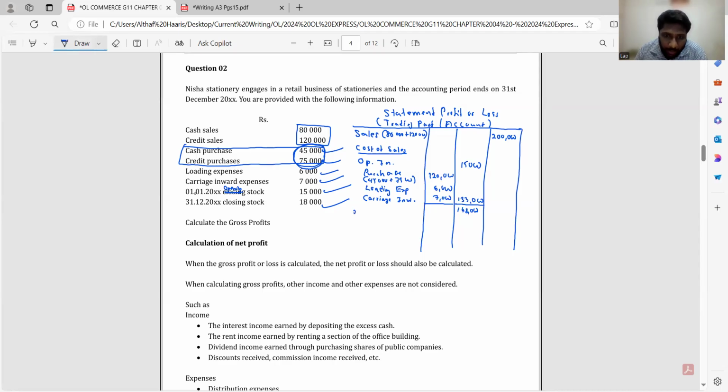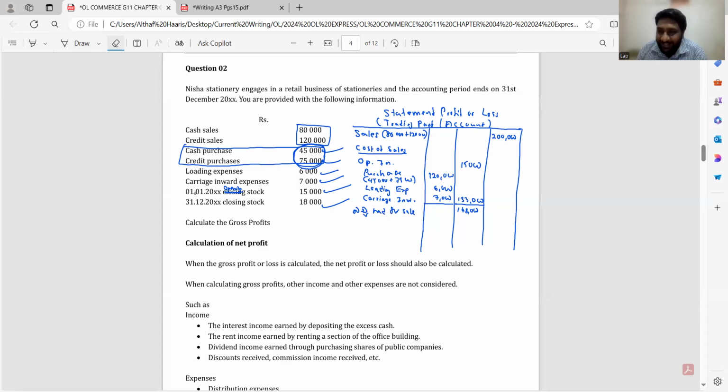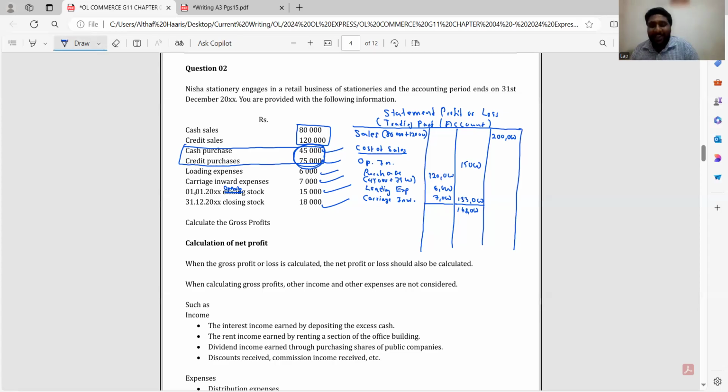Badu had for sale. Don't write it like that. Stock had for sale, if not presented for sale.